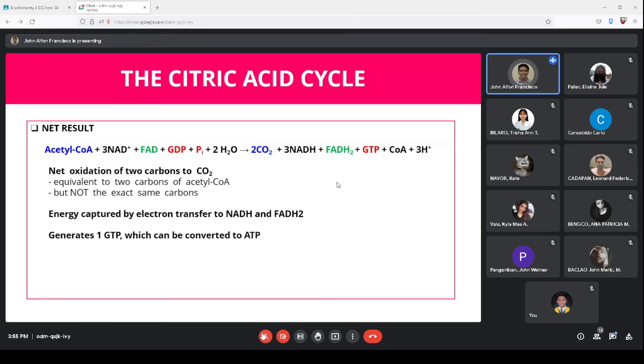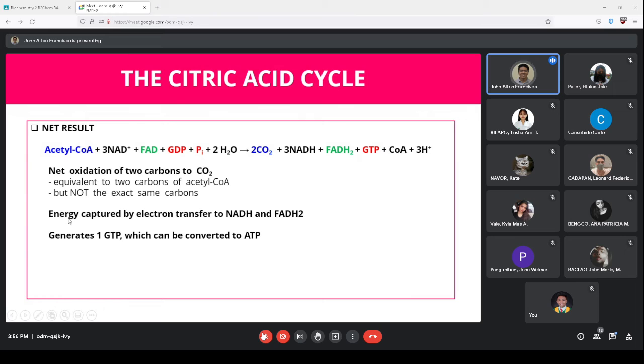So, sa net oxidation, meron tayong dalawang carbon na naging carbon dioxide is equivalent to 2 carbons of acetyl-CoA but not the exact same carbon. So, nanggagaling yung carbon dioxide na naproduce mo, yung carbon atoms nun ay nanggagaling sa oxaloacetate, not on acetyl-CoA.